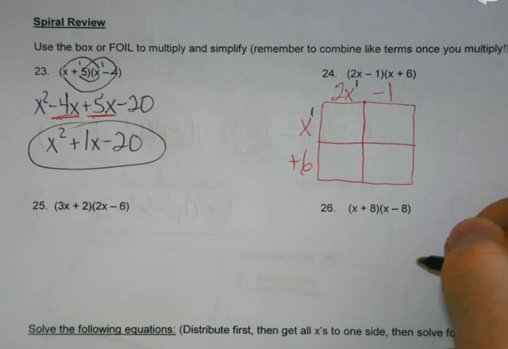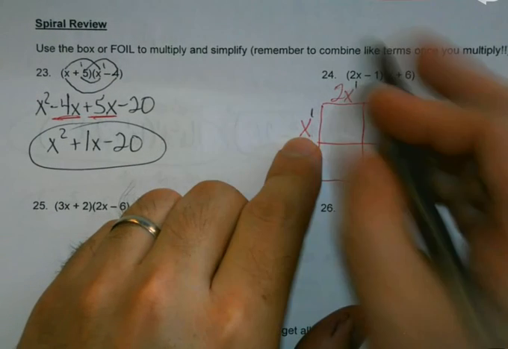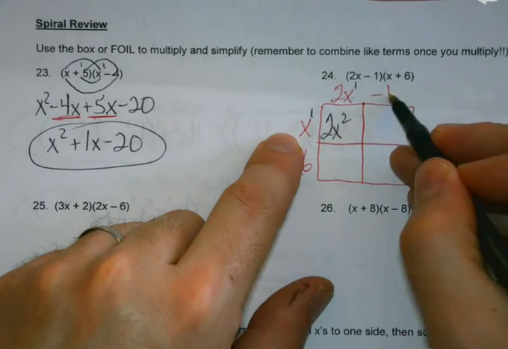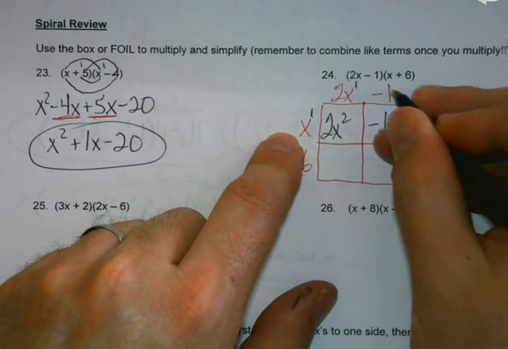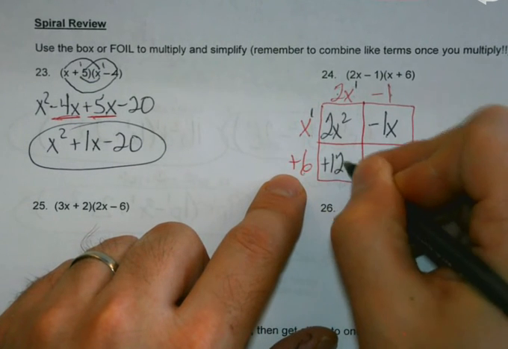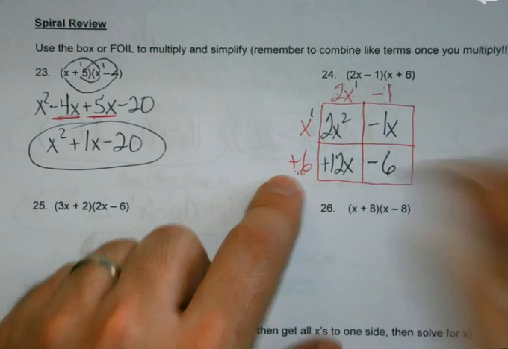And then we're just multiplying the terms to fill in the box. So 2x squared, because 1 plus 1 is 2. Negative 1x. 6 times 2 is a positive 12x. 6 times negative 1 is negative 6.